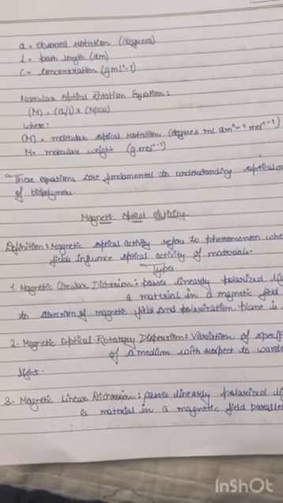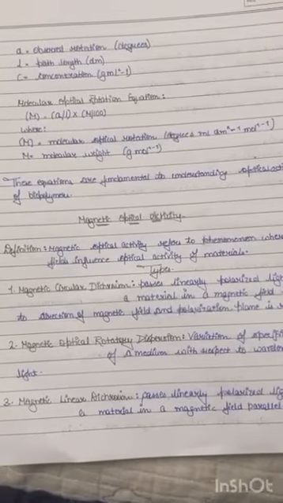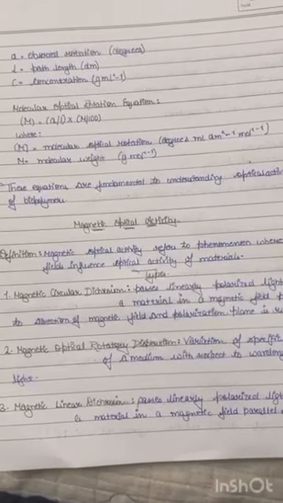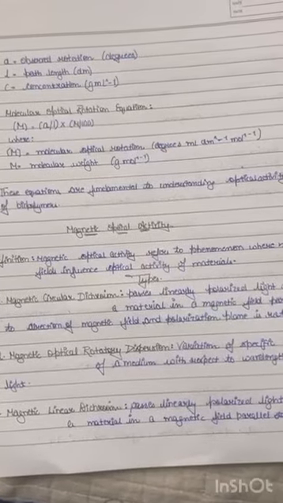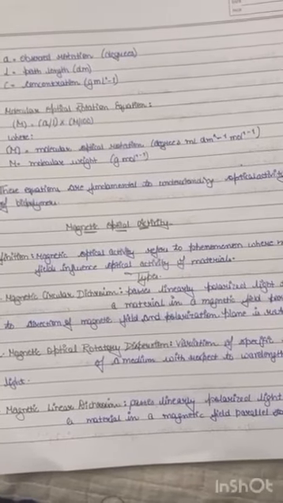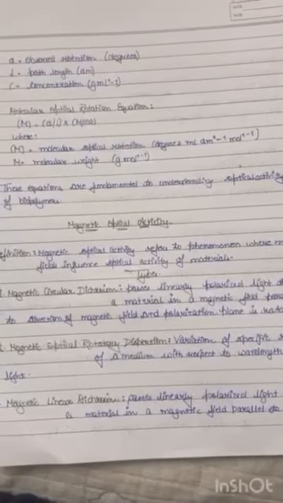The second is magnetic optical rotatory dispersion, the variation of specific rotation of a medium with respect to wavelength of light. The third is magnetic linear dichroism, which passes linearly polarized light through a material in a magnetic field parallel to the direction of the field, and the polarization plane is rotated.